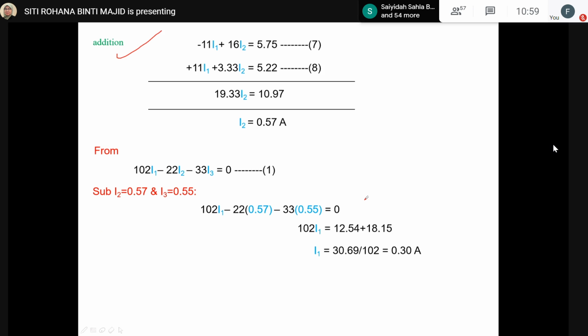Okay, so that is for two loops. I already showed a single loop, how to solve it, and we have two loops, multiple loops. I showed 2 and 3 loops.